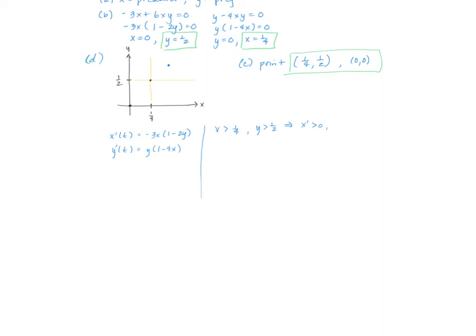However, if you put in values of x that are greater than 1/4 and values of y that are greater than 1/2, y prime is actually going to be negative. So if this is some random point in this region, think about vectors.